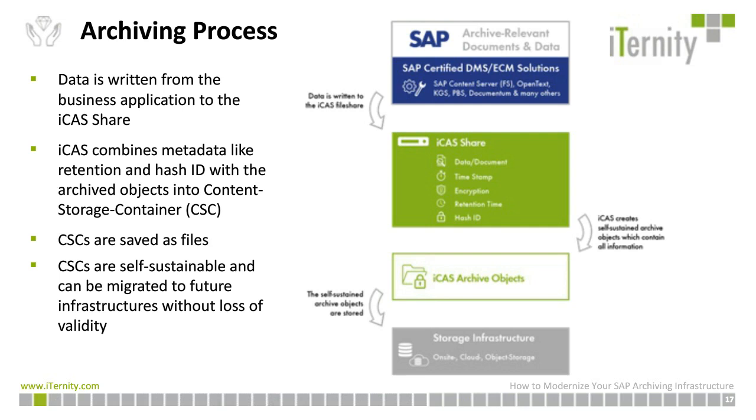This content storage container is then pushed out to the storage. It is a self-sustainable archive object that can be migrated to future infrastructure without you losing any validity of the file or the retention information and so on.